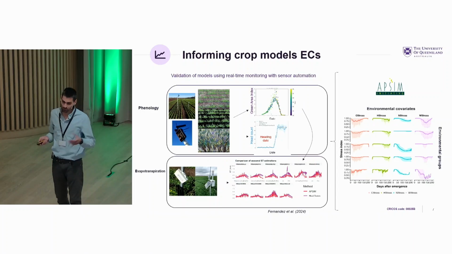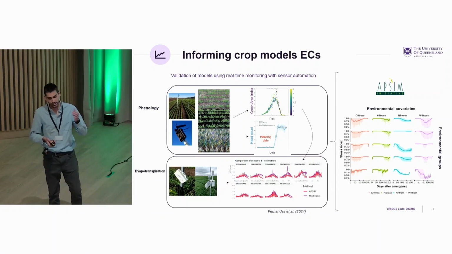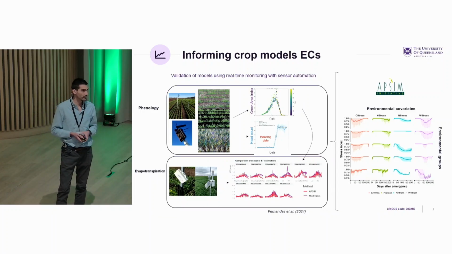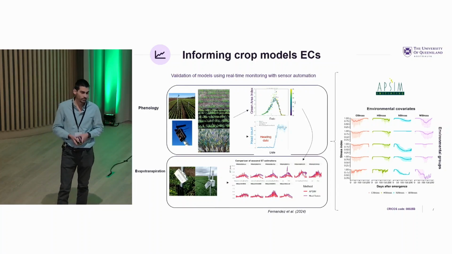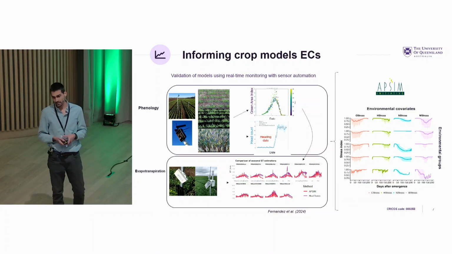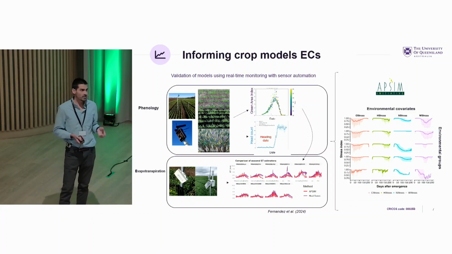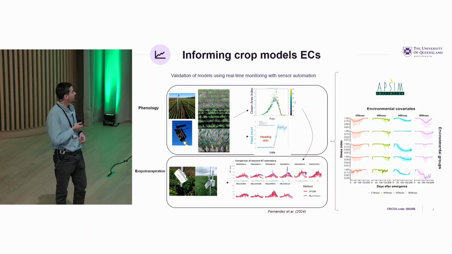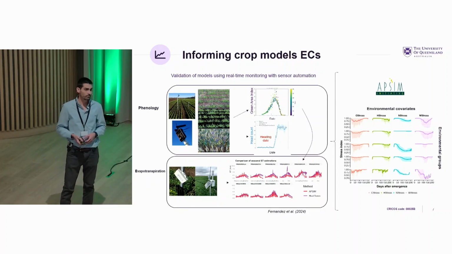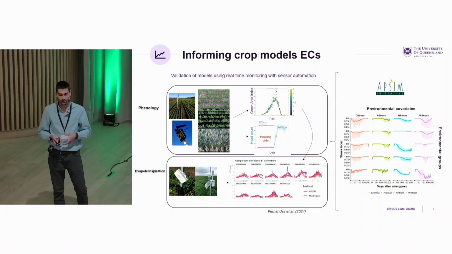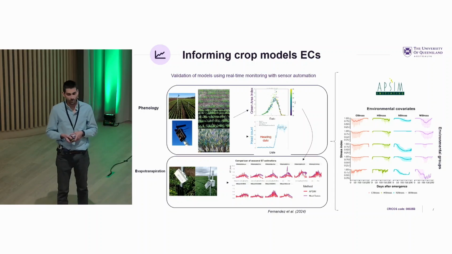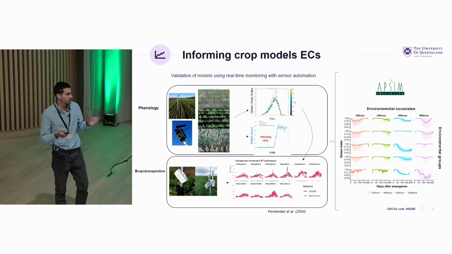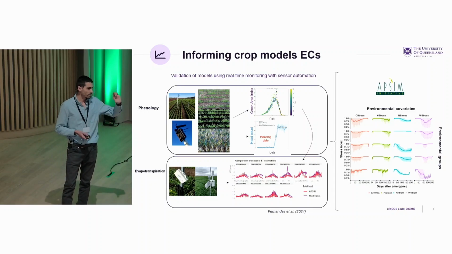So that's one example of what we do in terms of satellite. We do the same to validate these models, because we think that getting a good, accurate estimate of these environmental covariates is critical to then use that to explain the GxE. We do that with in situ sensors, for example, here cameras to separate the green area cover of the crop, and then also get a validation of green area index or phenology estimation, basically on the emergence of the heads.